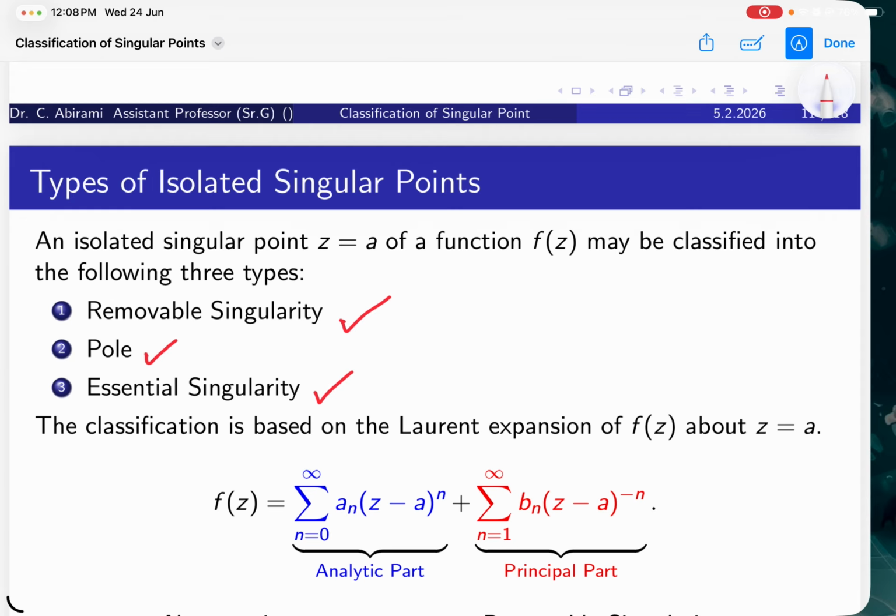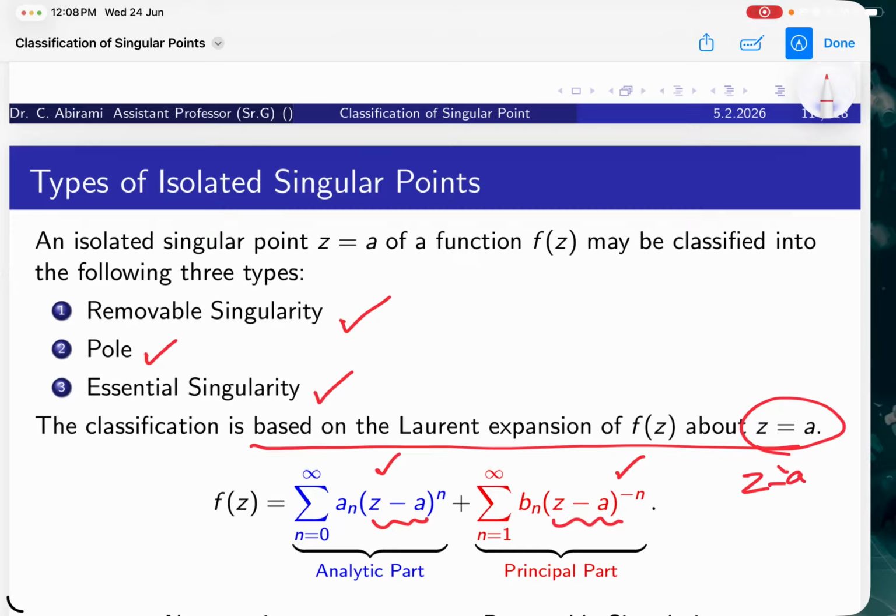So we can define the removable singularity, pole, and essential singularity based on the expansion of the Laurent series. So here, this is the expansion of the Laurent series. Already you know that the Laurent series expansion contains both the positive as well as negative powers of z minus a. Am I correct?